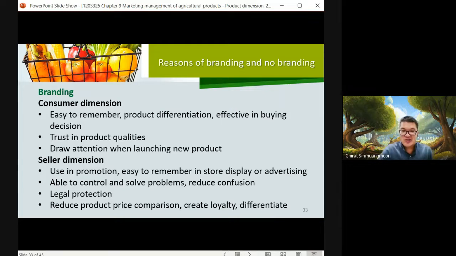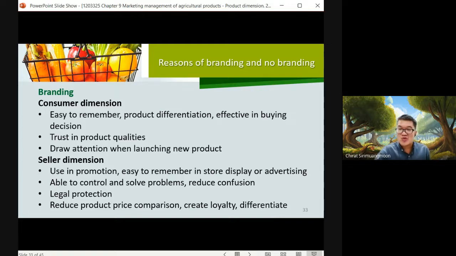Then, in terms of the seller dimension, you can use branding in terms of promotion. So sometimes you have a product like Lactasoy. Lactasoy, for the seller, you can use this brand name to hit with many products or many flavors.